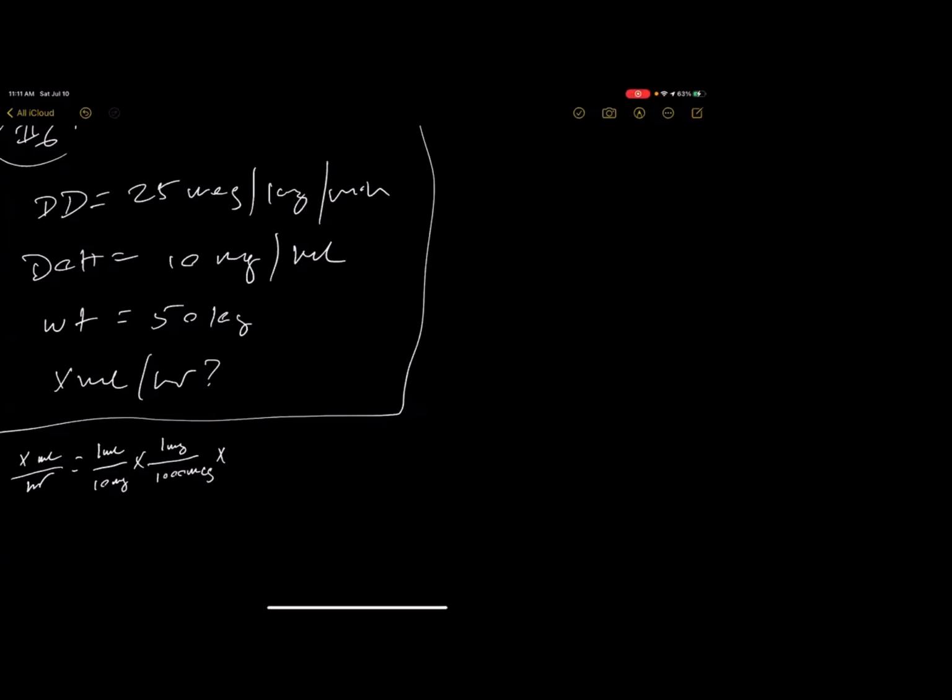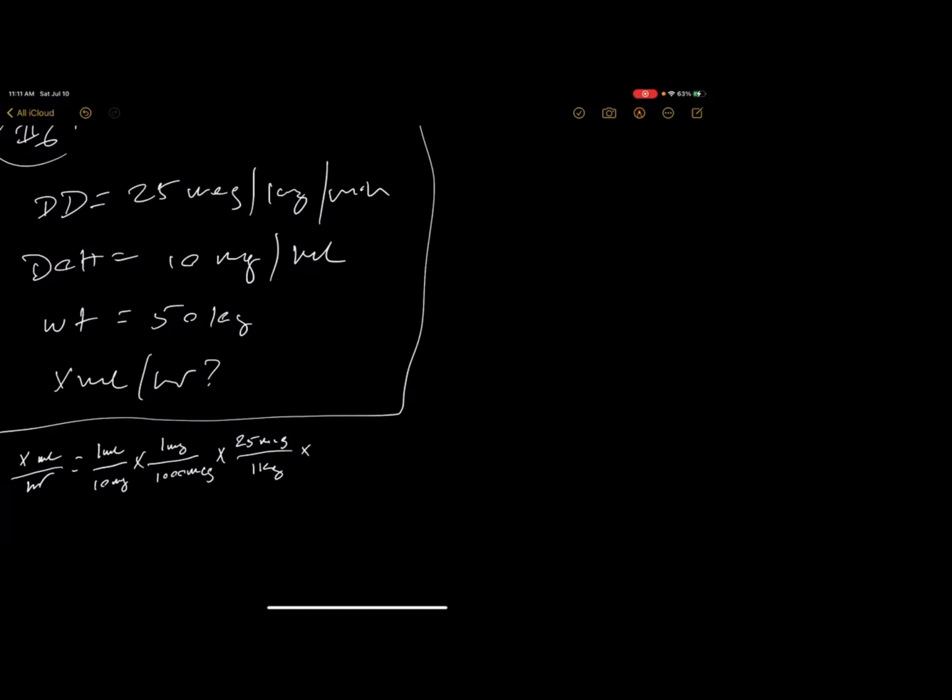All right. So we want to cancel out the micrograms. So what's the next thing that we're going to put? 25 micrograms on the top. And what's that over? 1 kilogram. So we got kilograms on the bottom. We want to cancel out the kilograms.